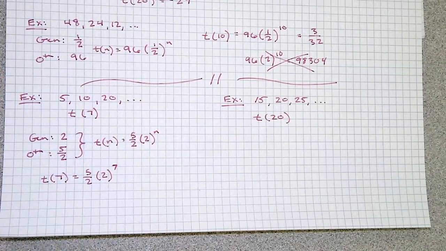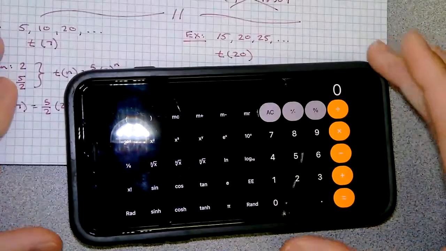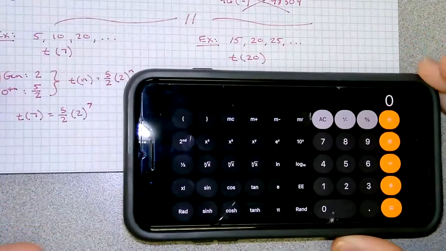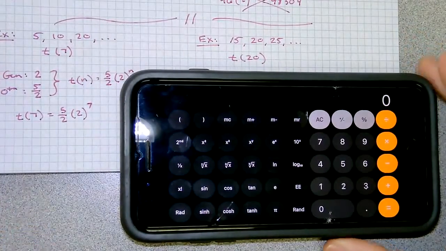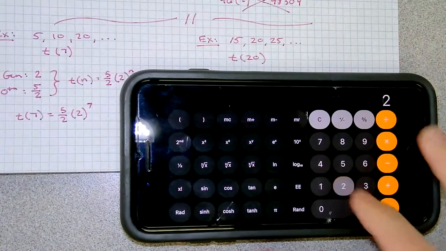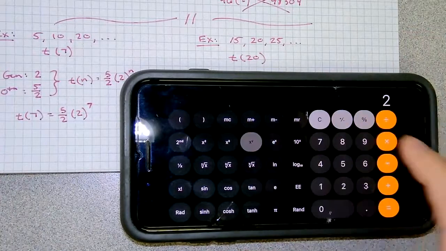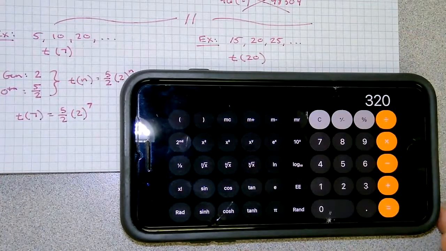If I have a graphing calculator or something fancy, it's pretty easy. I'll show you on my phone here though. I'm sure some people like to use that. If I just say 2.5 times 2 raised to the 7th, I did it right anyways.